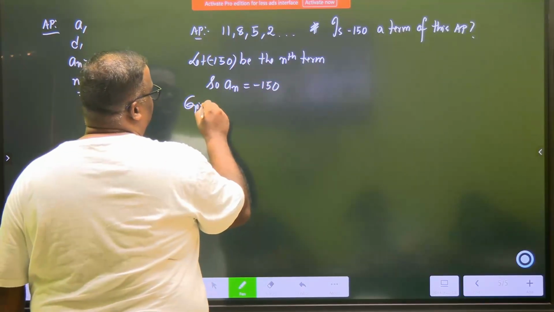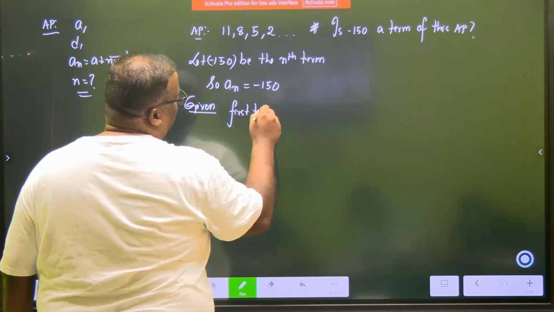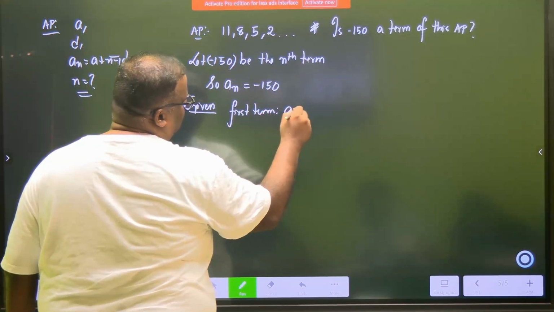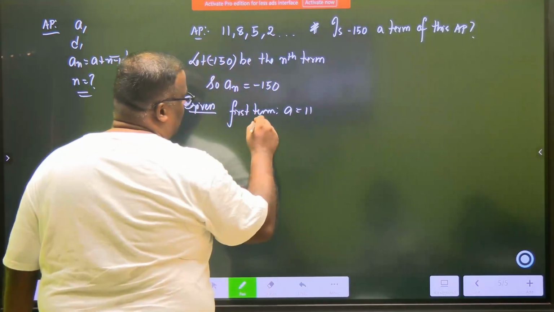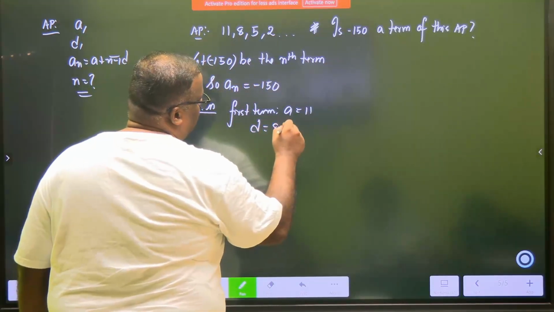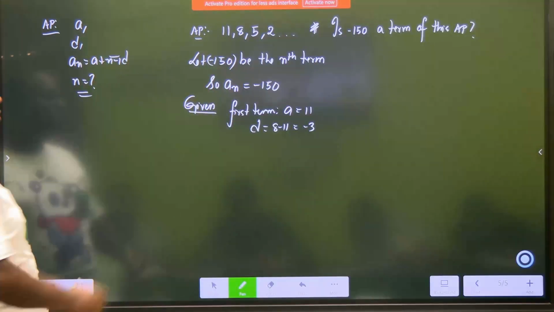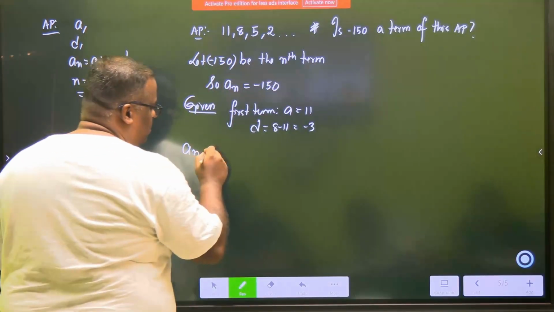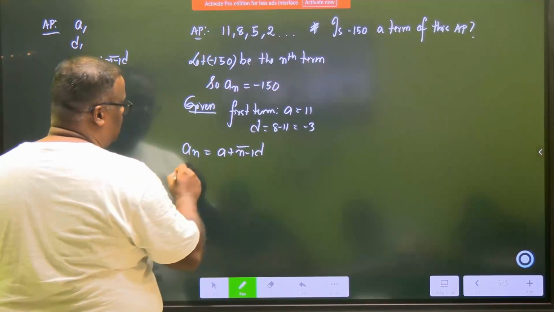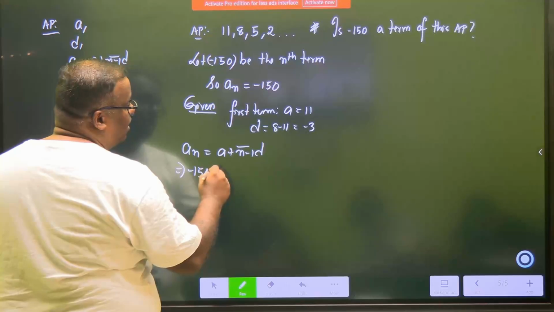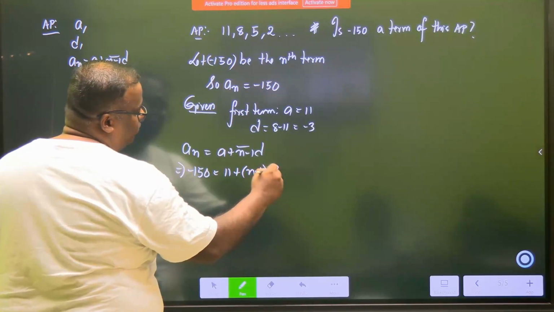Given, what all are given to you? First term. अभी और first term लिखने की जरूरत नहीं है. In this it is understood. A and D are understood. A is equal to 11. And what is the value of D? 8 minus 11, which is negative 3. Can I write this? So now you put your formula. An is equal to A plus n minus 1 into D. That is, negative 150 should be equal to 11 plus n minus 1 into negative 3.